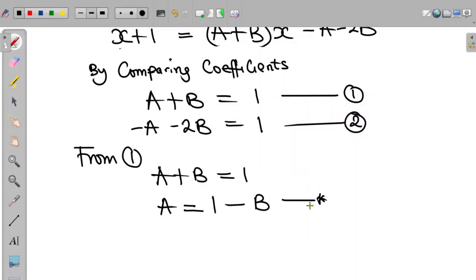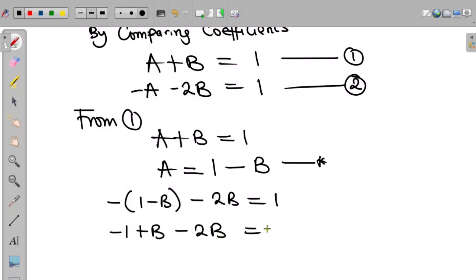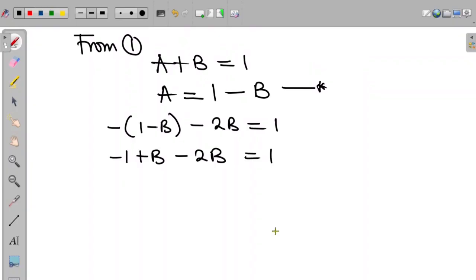Thus, equation 2 becomes minus (1 minus B) minus 2B equal to 1. Now we can open up the bracket: minus 1 plus B minus 2B is equal to 1. At this point, B minus 2B is minus B. So we have minus 1 minus B equal to 1.